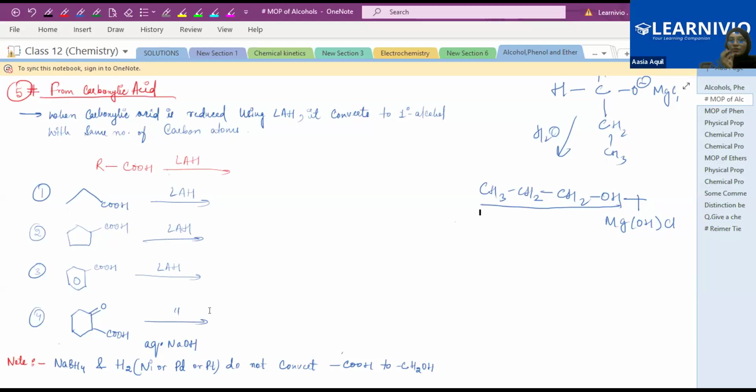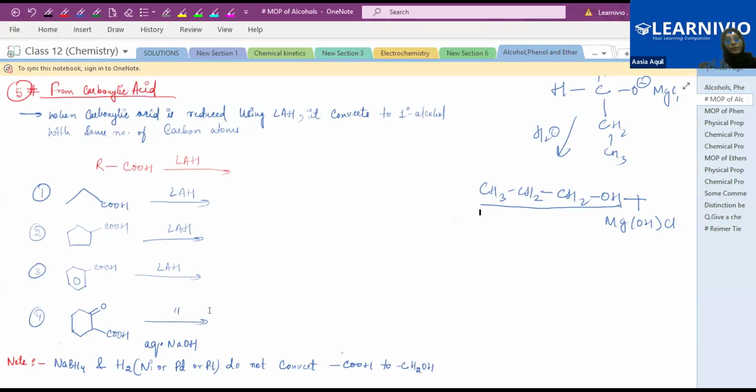It has the ability to convert the carboxylic acid to a primary alcohol.